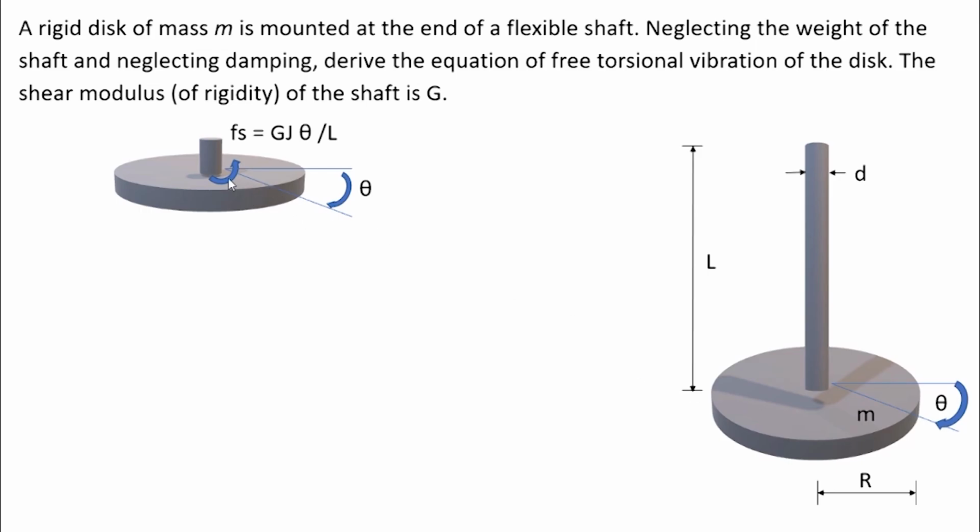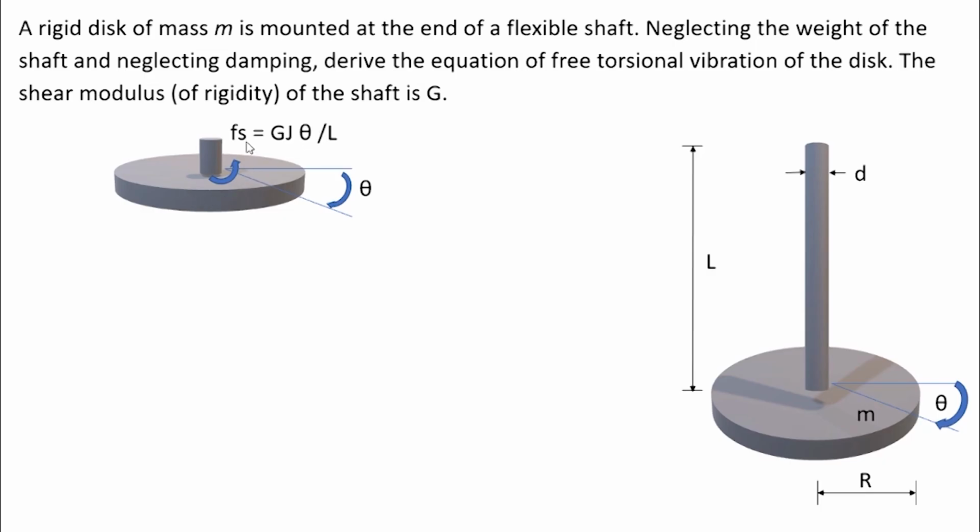So let's go back to the free body diagram. So if theta is taken positive in this direction, we can write the restoring force. In this case, the restoring torque is equal to the torsional stiffness of this shaft multiplied by the angular displacement, that is this angle theta.